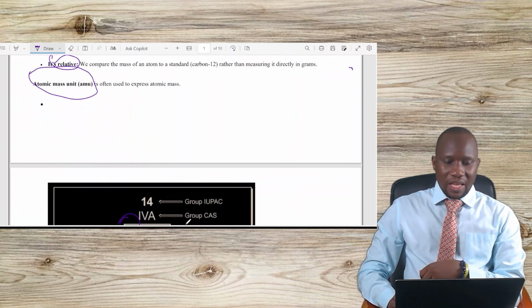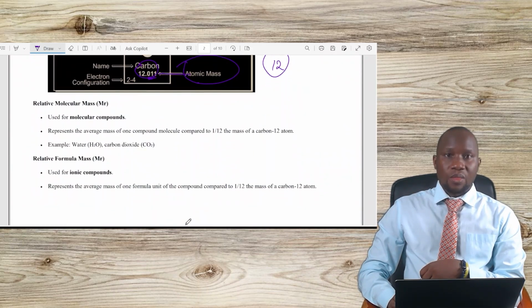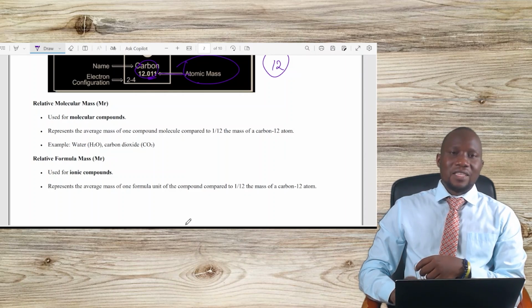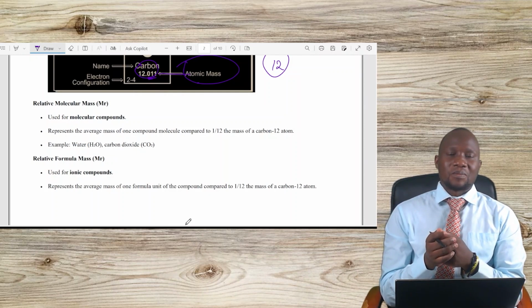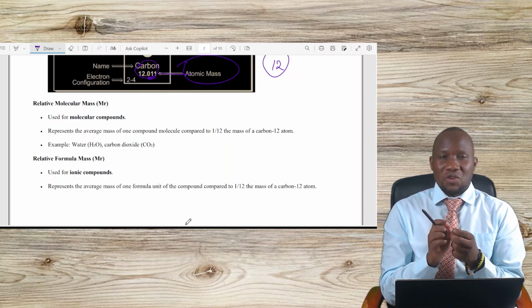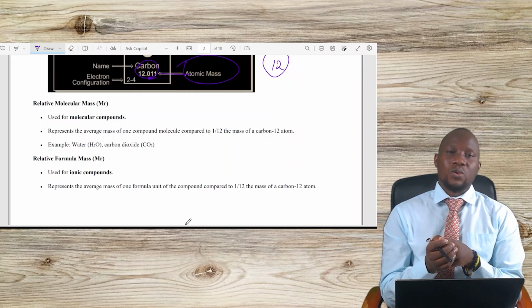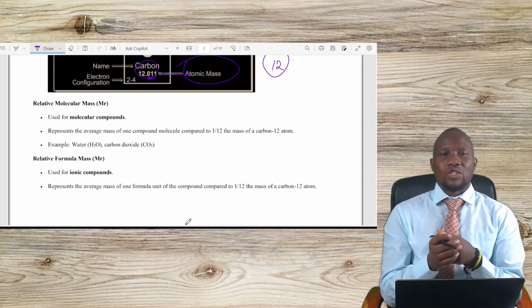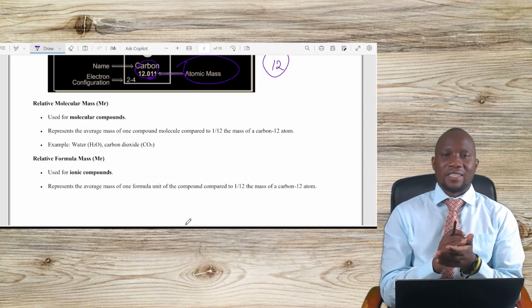Now we go to our second concept, and that is the concept to do with relative molecular mass and relative formula mass. These are actually the same thing, but there is a subtle difference in when to use them. In terms of calculations, the answers are the same.